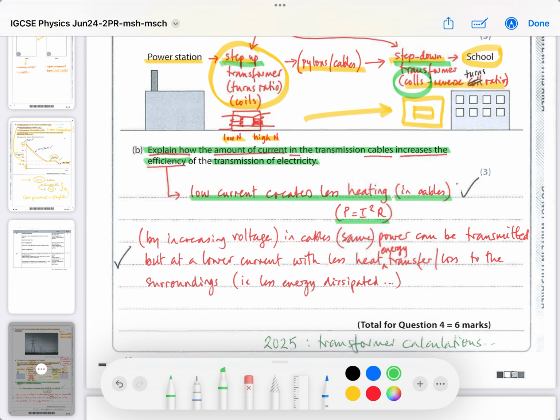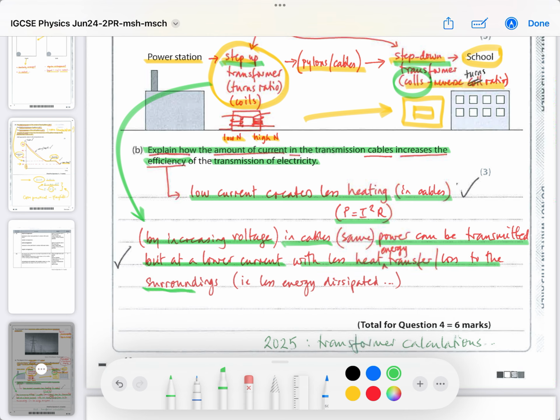So that's why we do a step-up transformer, because the step-up transformer increases the voltage. Yes? So they want you to see if you know that in the cables, okay? So that the same power can be transmitted, but at a lower current. Therefore, with less heat energy transferred or lost to the surroundings.